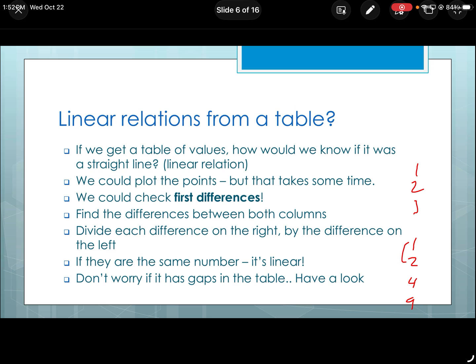But the differences don't have to be the same on the left, as long as the difference on the right divided by the difference on the left is always the same. And if that made sense, wonderful. And if it didn't, don't worry, we're going to go through some examples. But don't automatically assume that something isn't linear just because on the left it skips a few. It's okay to do that. What's more important is that when the differences divide each other, they are always the same.